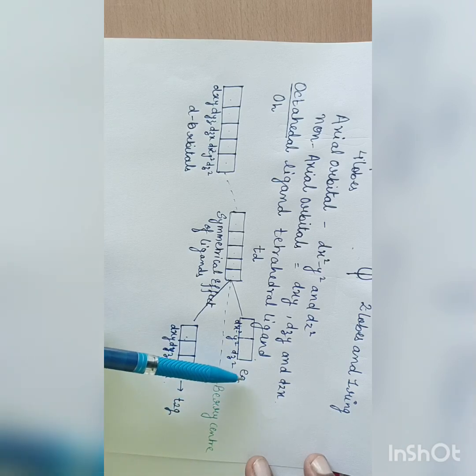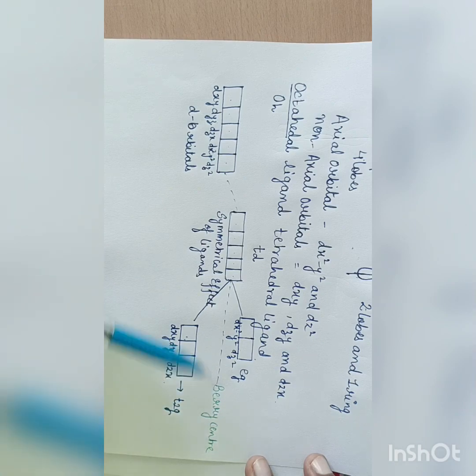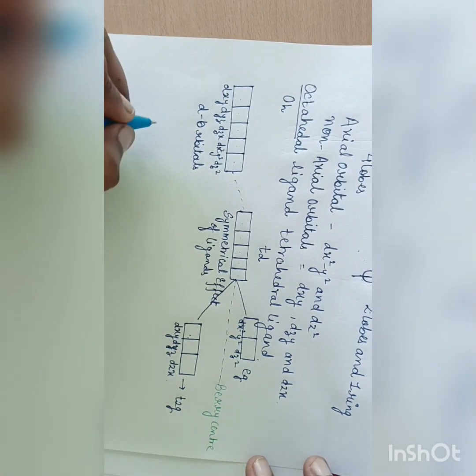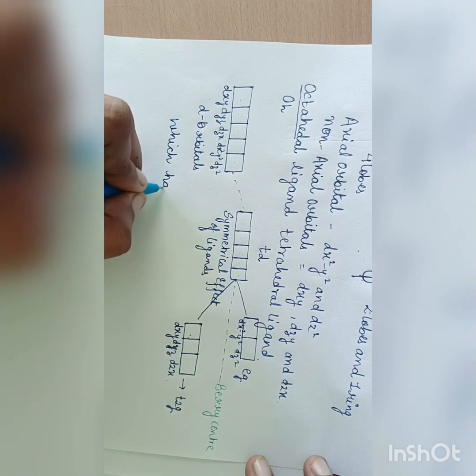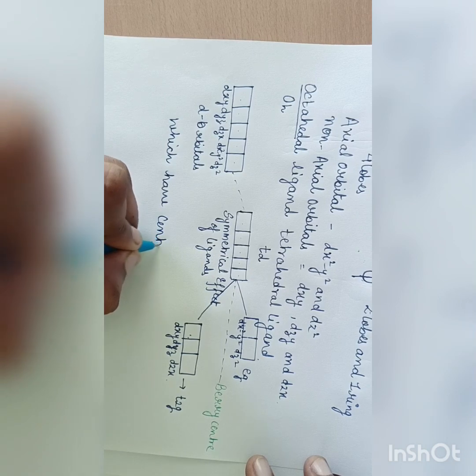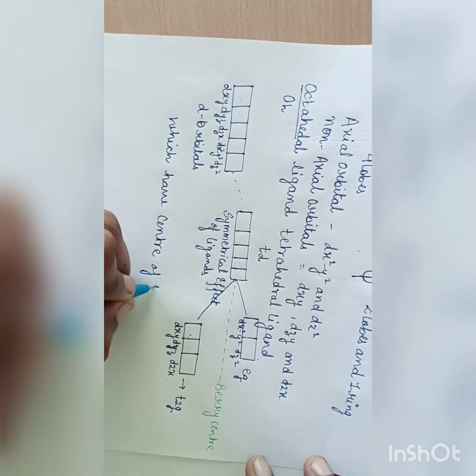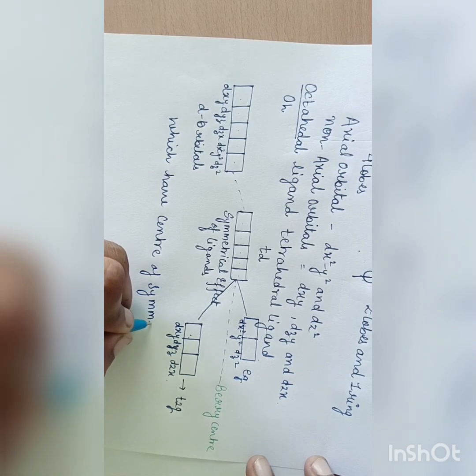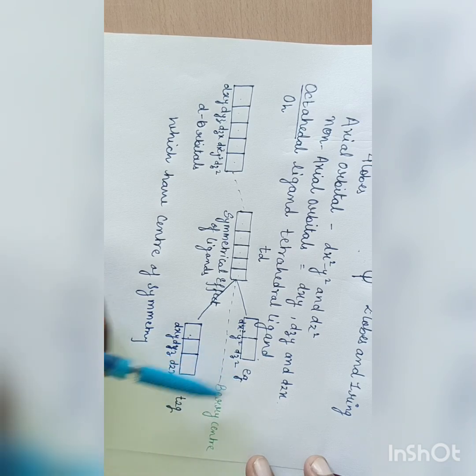This g here stands for gerade orbitals, which have a center of symmetry. You will study this in higher classes; I am only giving you a little information about g here. What is g?